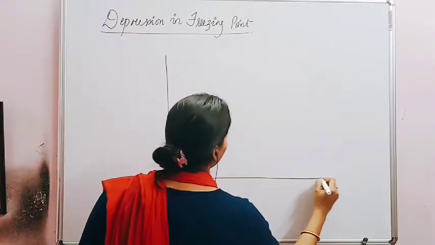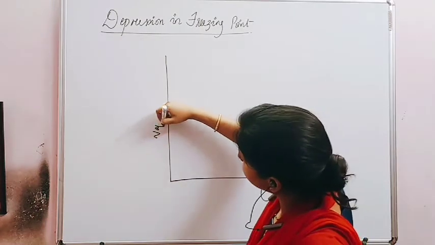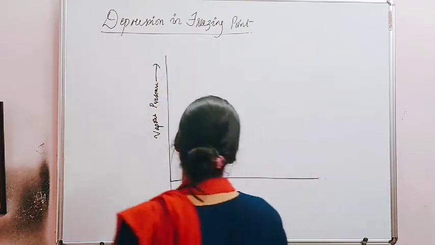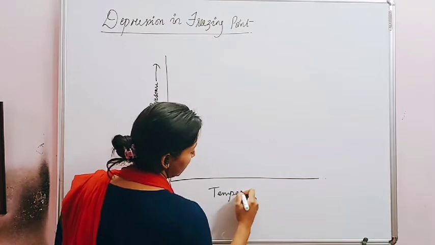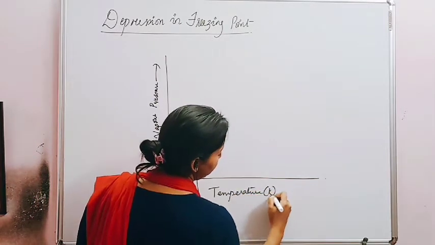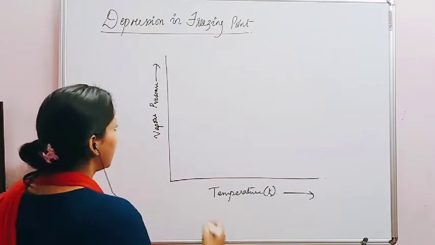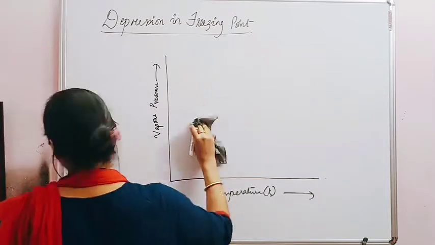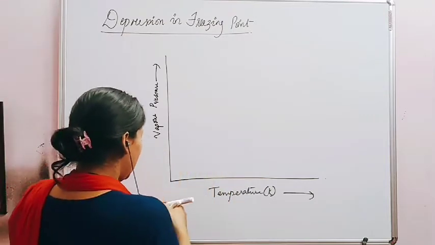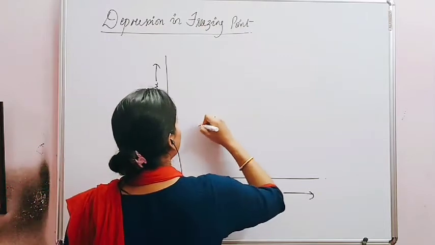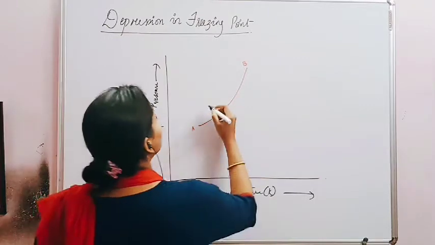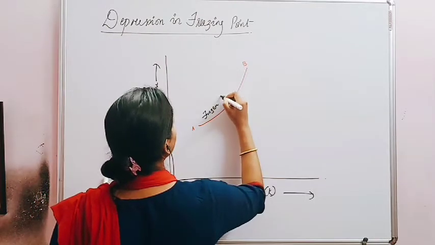Okay, so I'll take vapor pressure along this axis and temperature in Kelvin along this axis. Let's take the curve AB to be for the frozen solvent.